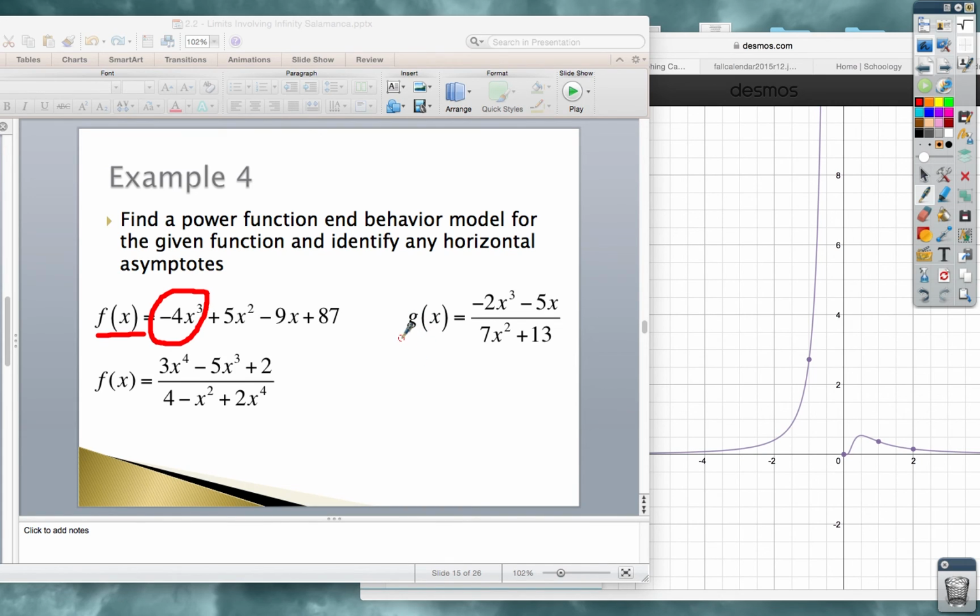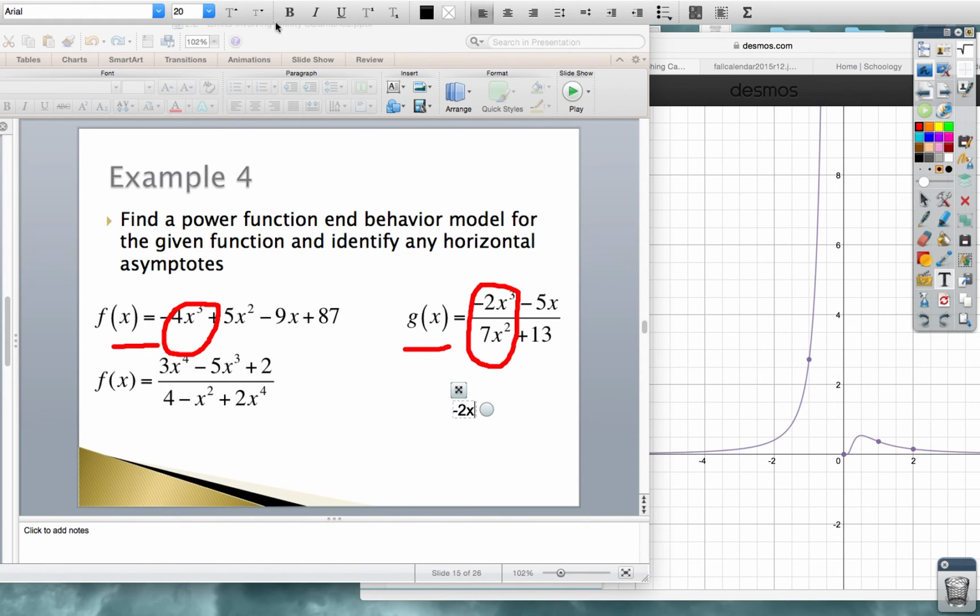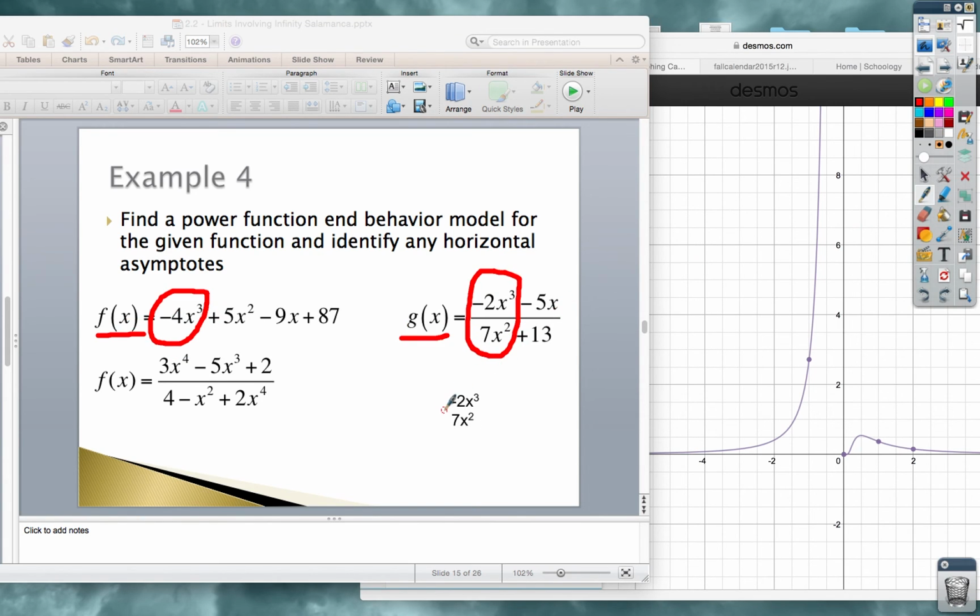When we look at g of x, because it's a rational expression or fraction, we take a look at the 2 largest terms. So we're going to look at negative 2x cubed divided by 7x squared. And because this is a fraction, you notice that we have x cubed on the numerator, x squared on the denominator.